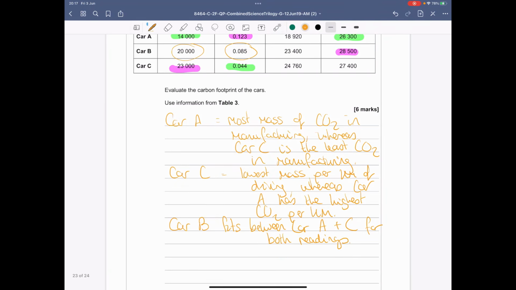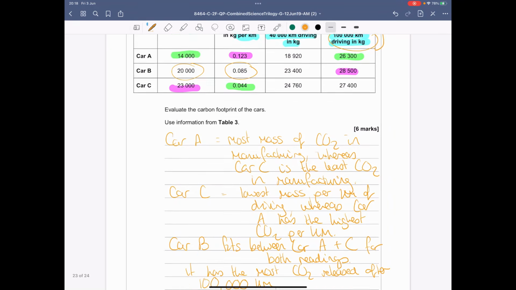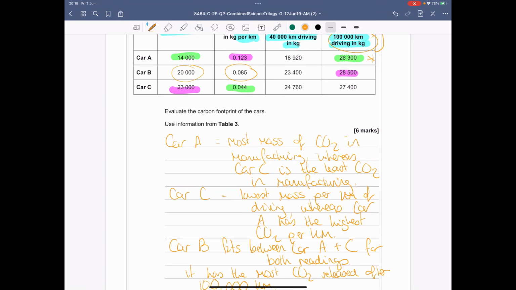So you could say car B, because it fits between car A and C for both readings in terms of manufacture and CO2 per kilometre, has the most CO2 released after 100,000 kilometres. And then we can see that A is in the lead, followed by car C. So car A has released the least, followed by car C.